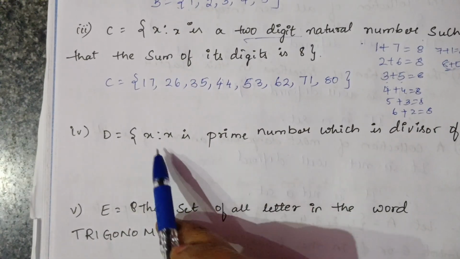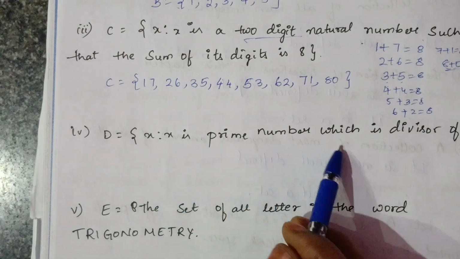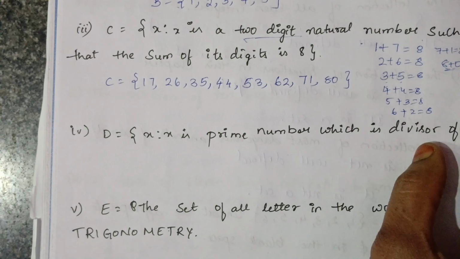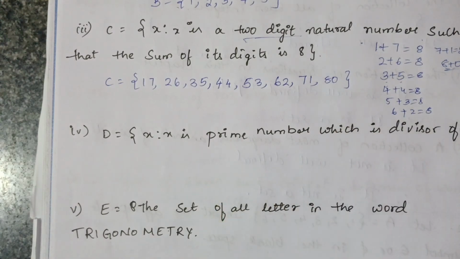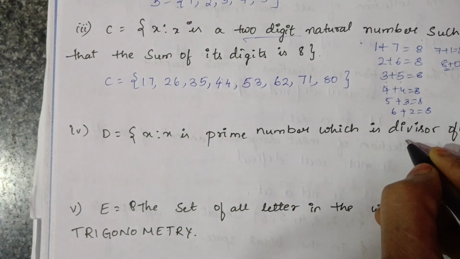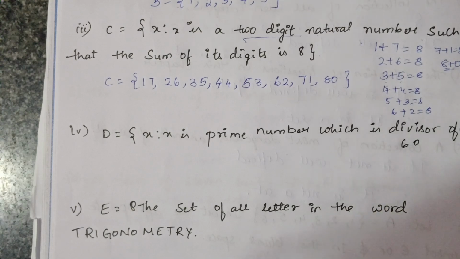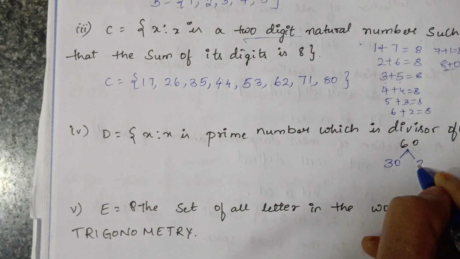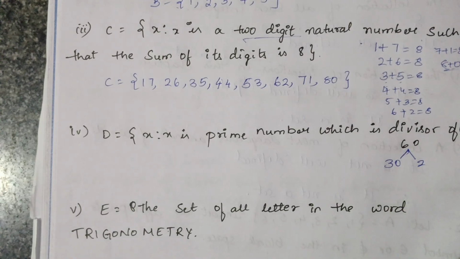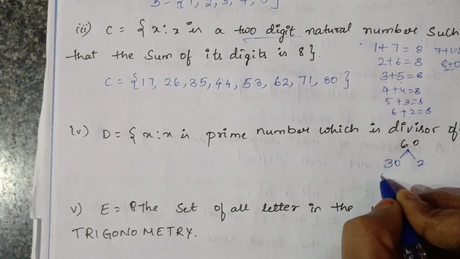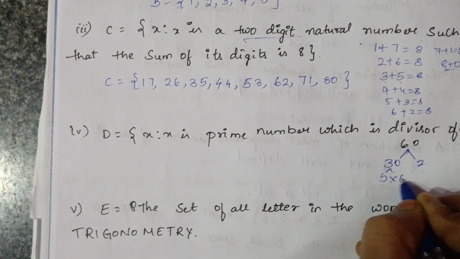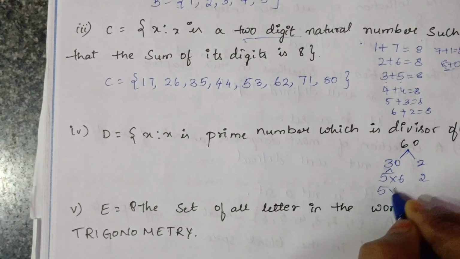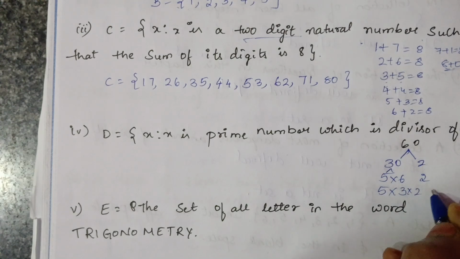Next question. x is a prime number which is a divisor of 60. The divisors of 60 that are prime numbers. 60 we can write as 30 into 2. Here 2 is a prime number. 30 we can write as 5 into 6, and 6 as 3 into 2.